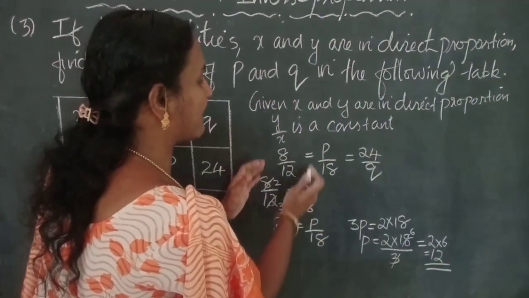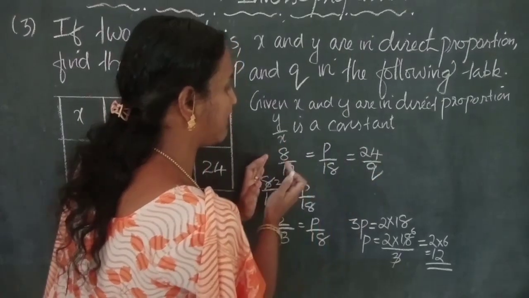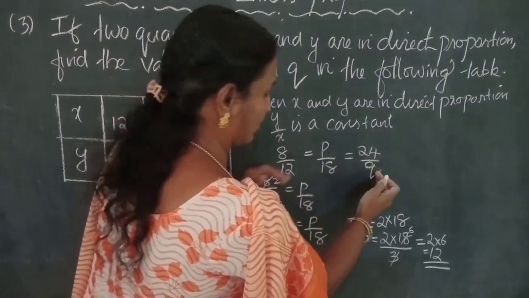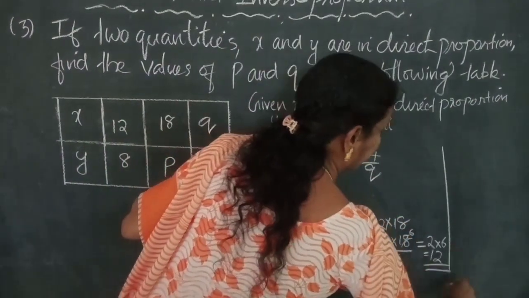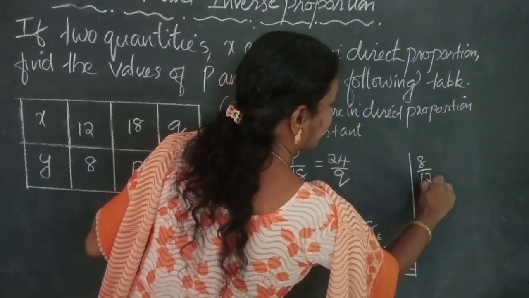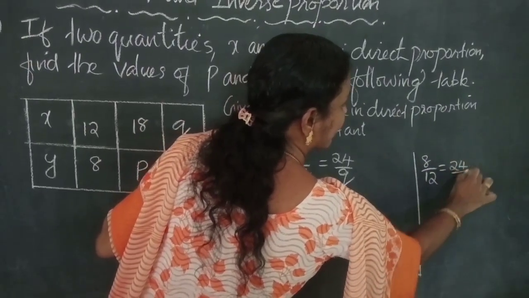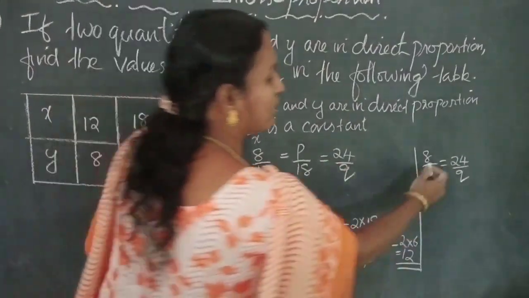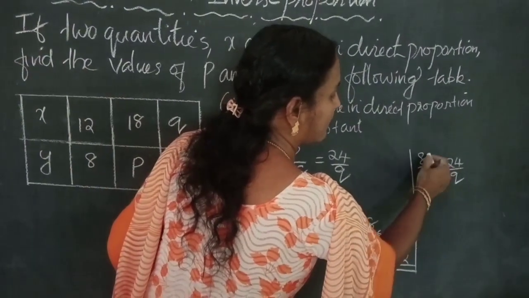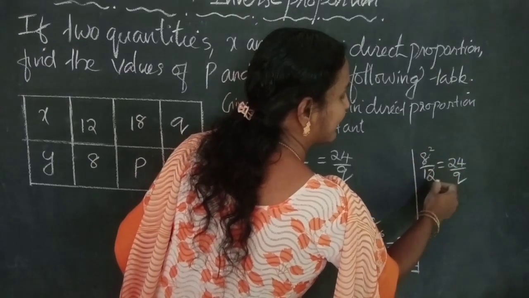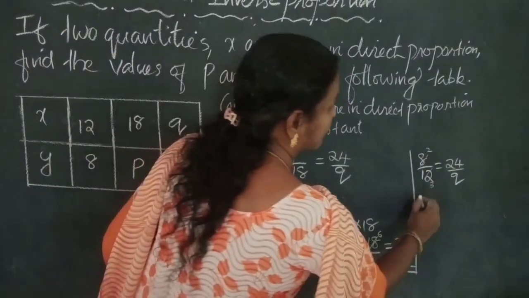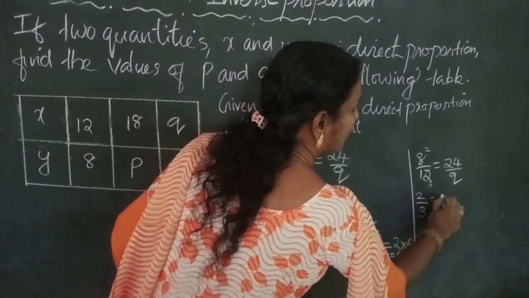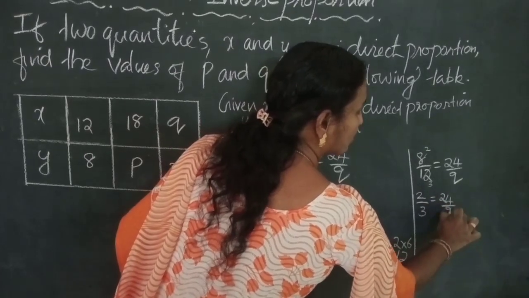Next, compare the first and the last. 8 by 12 and 24 by q. We can cancel 8 and 12: 2 4s are 8 and 3 4s are 12. So 2 by 3 is equal to 24 by q.